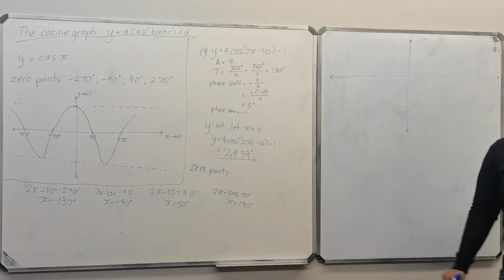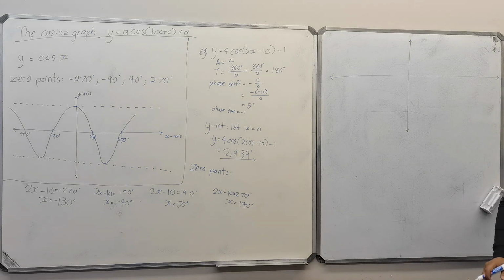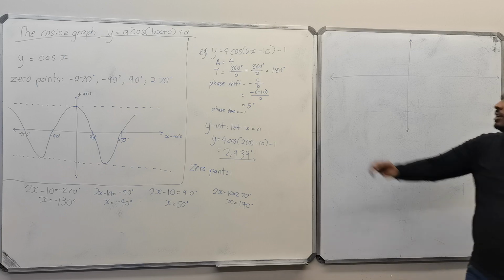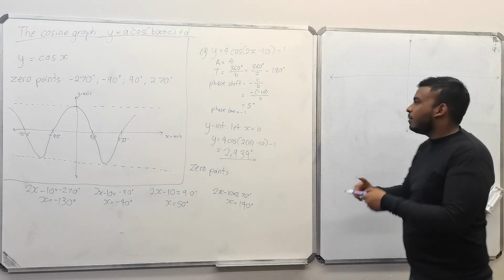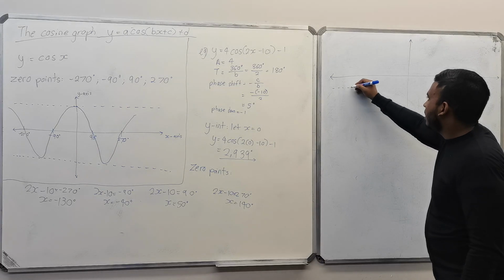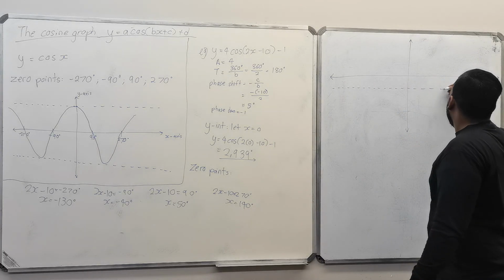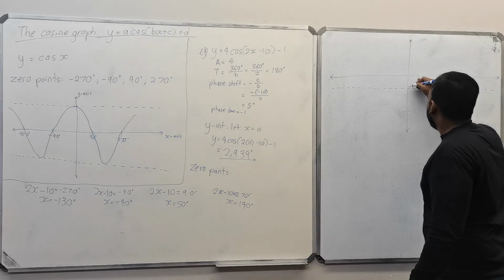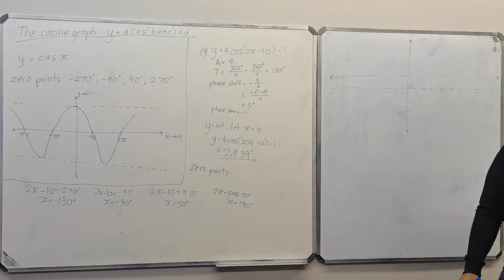Where will your middle line be drawn? At what value? The middle line is minus 1, right? Because it will be that value of d. So my middle line is now going to be minus 1. My upper amplitude would be what?